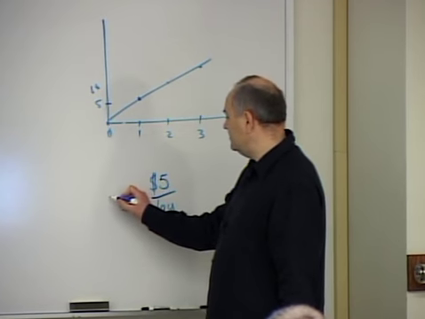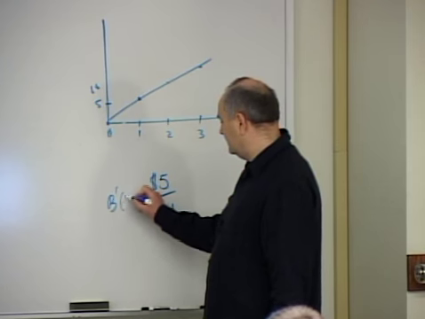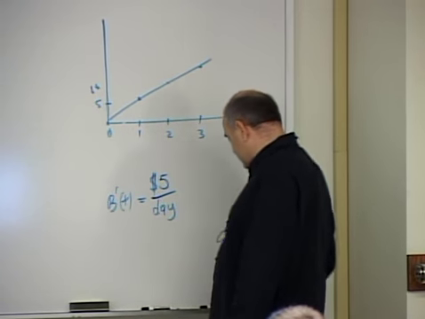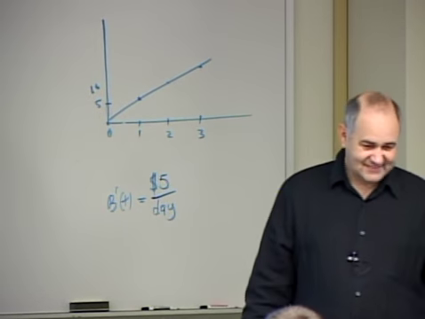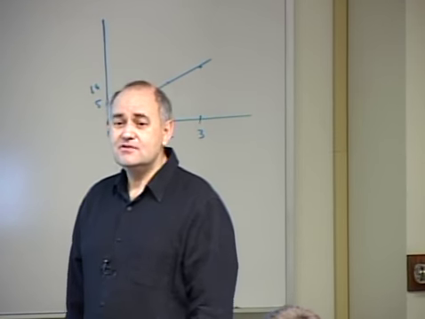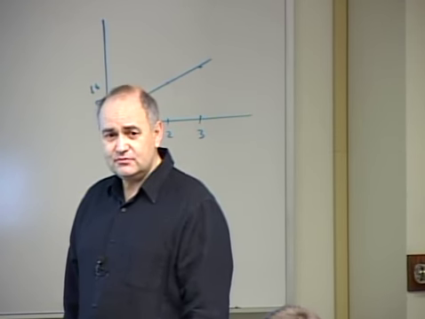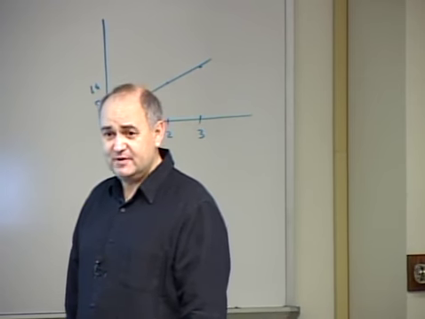This is the derivative of the balance. Well, how about if I just tell you? We call it rate of change. It is the rate at which you deposit money. $5 per day would be the rate at which you deposit money.